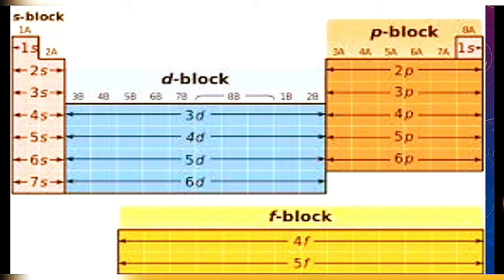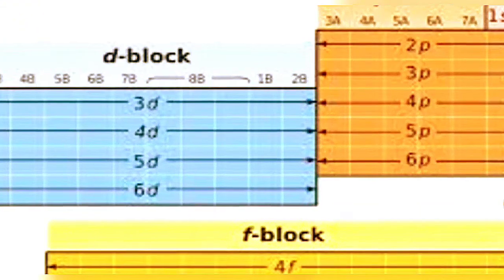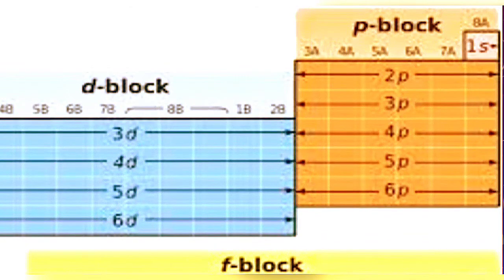That's why they are called s block elements. Similarly, on the right side of the periodic table, all the elements from 3A to 8A get their electrons and complete their electronic configuration at the p subshell. That's why they are called p block elements.